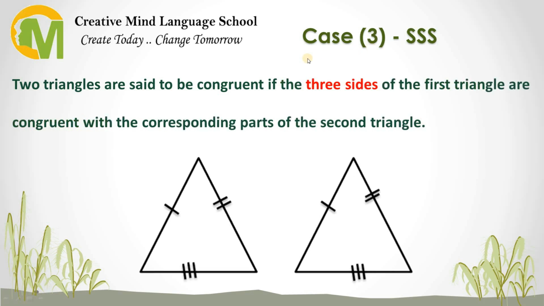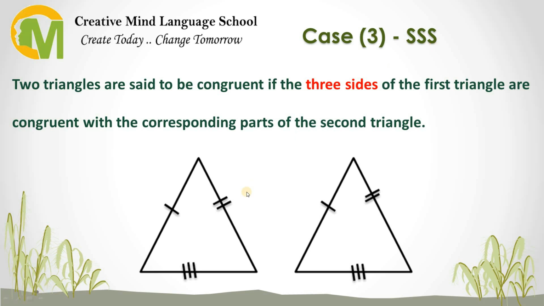The third case of the congruency between two triangles. Two triangles are said to be congruent if the three sides of the first triangle are congruent with the corresponding parts of the second triangle. Here we have three sides, so we refer to it by SSS.